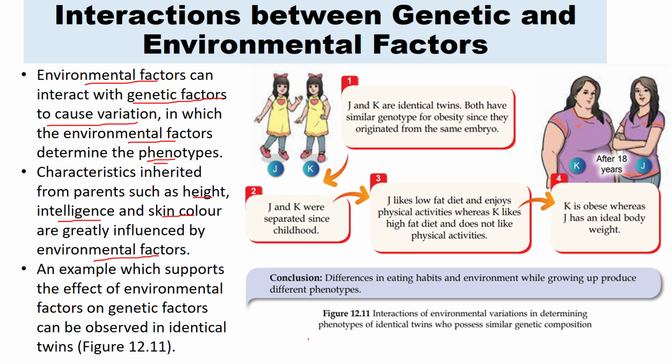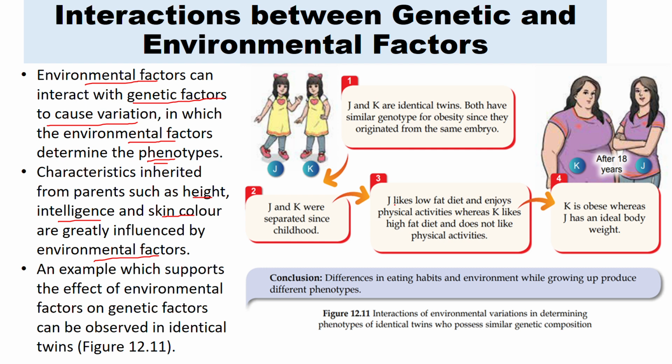This situation over here. So let's look at this. Number one, J and K, they are identical twins. That means both of them have similar genotype for obesity since they originated from the same embryo. But somehow these siblings are separated since childhood.